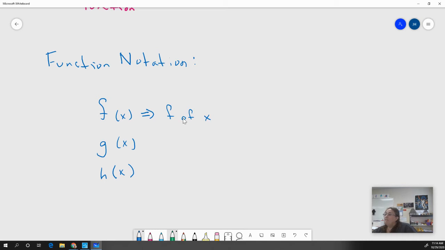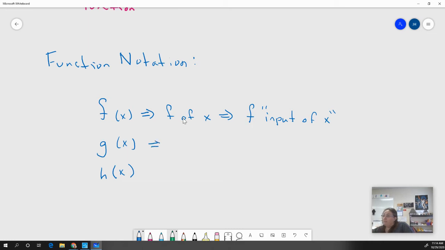And what it means is we have a function named f, and then with an input value, with an input of x. It means x is the variable, right, that we're inputting for. It is our independent variable, right?